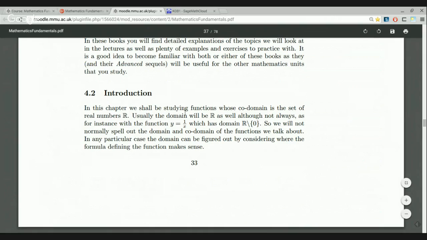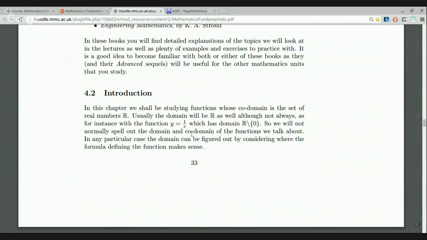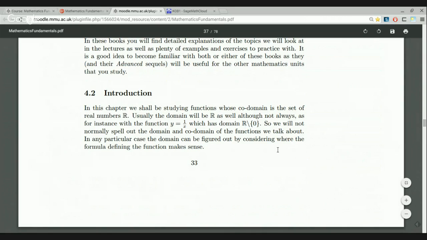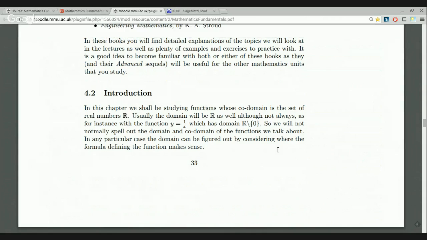So a little example: we might talk about the reciprocal function defined by the formula y equals 1 over x. That's a function of x. I can introduce it and talk about it without explicitly saying what the domain is all the time. But if it ever is an issue, what range of possible arguments x you should be considering, unless we state otherwise, we should take the domain of this function to be the real numbers without 0, so the non-zero real numbers.